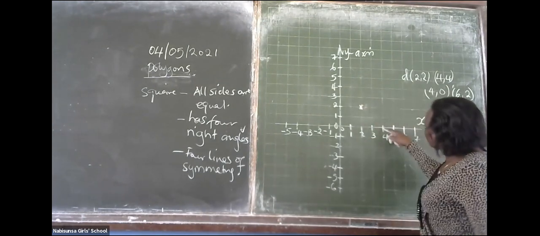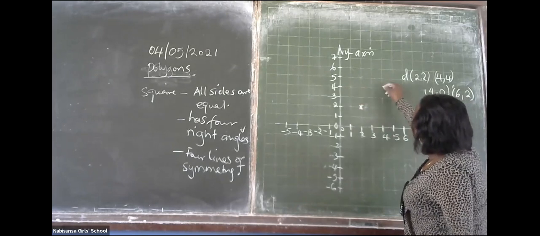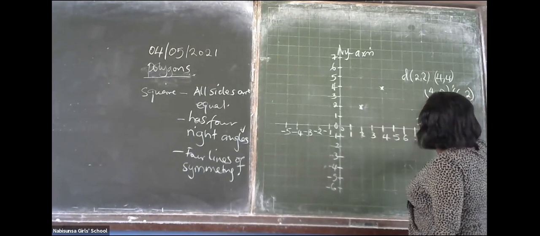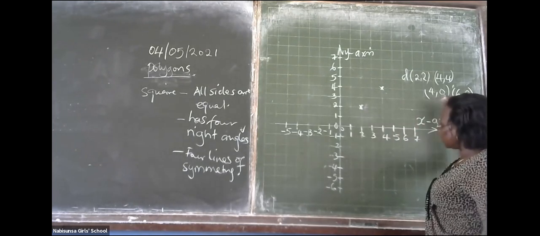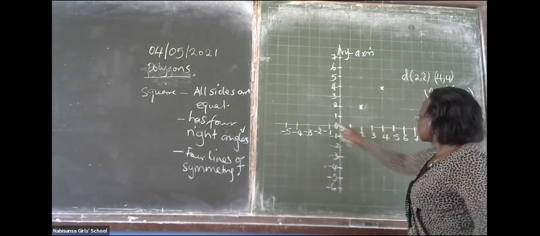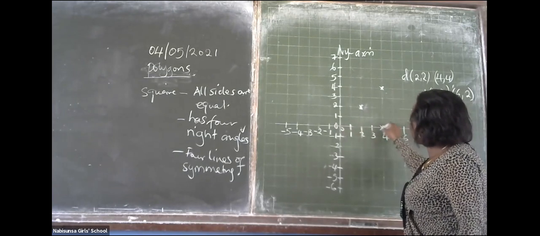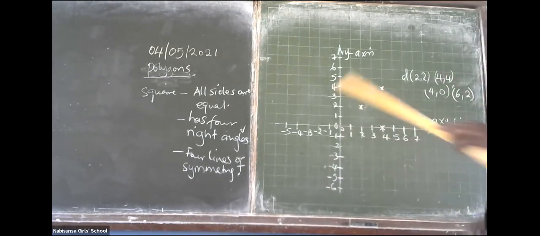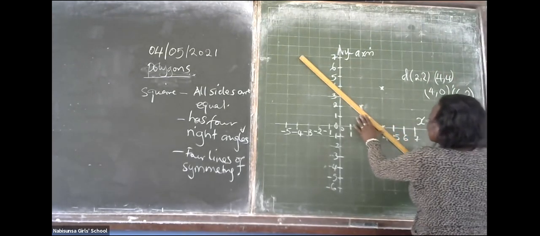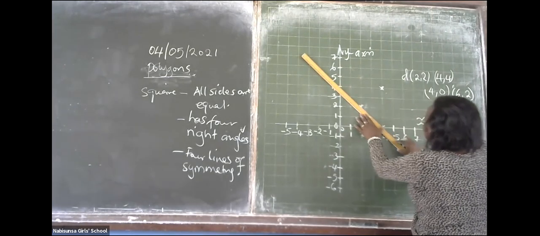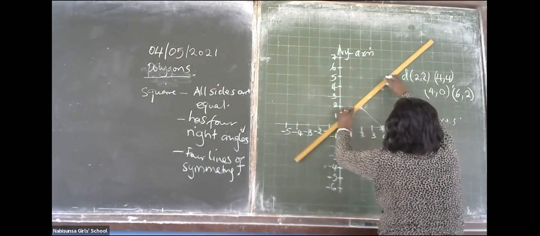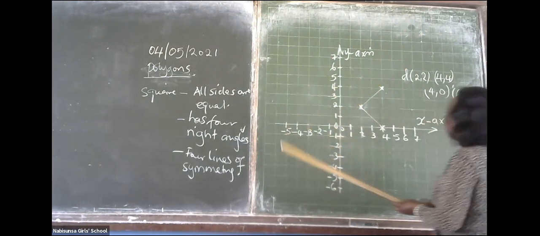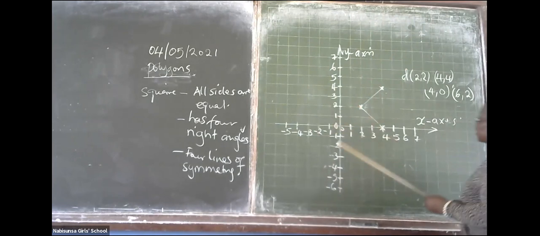Then 4, 4. 4 on the X, 4 on the Y. Then 4, 0. 4 on the X and 0 on the Y. We plot the point. So far we have 3 points. How do we get the missing one?